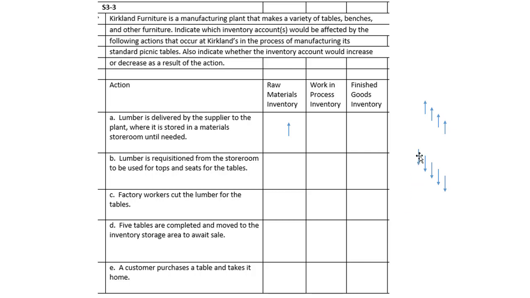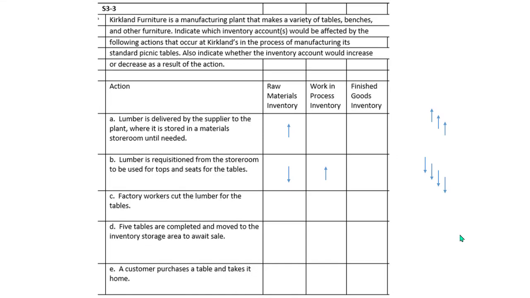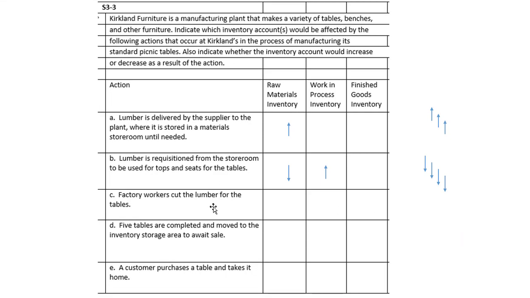So in this case, now it's going to come out of the storeroom and go into work in process. Then factory workers cut the lumber for the tables. That would increase work in process. Five tables are completed and moved to the inventory storage area to await sale.